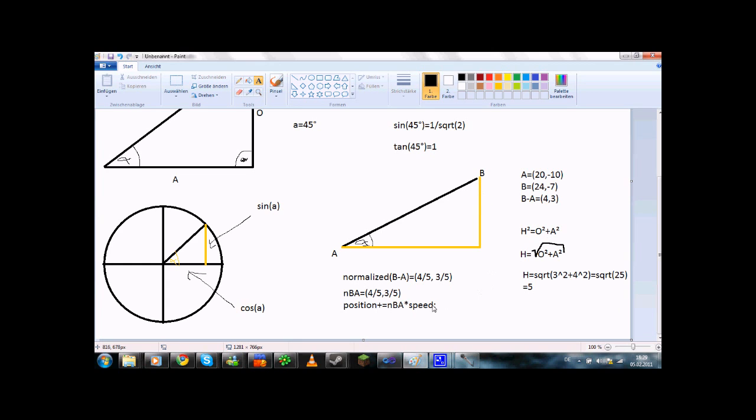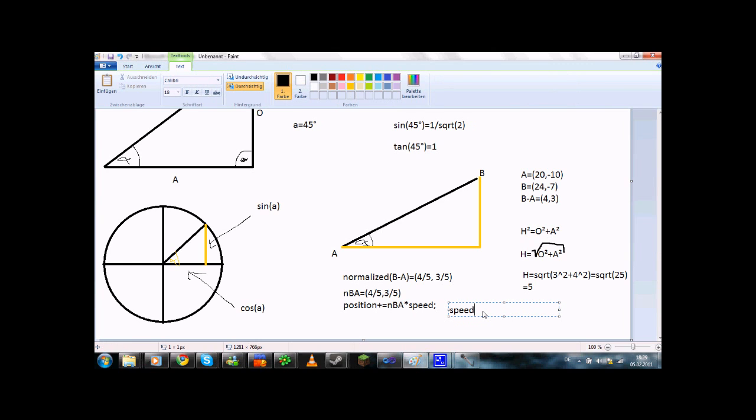So if I move at a speed of, say, 1/10 unit per frame, or unit per second, you can do all that, I know that the time it will take me is 50 frames, since I'm moving 1 unit in 10 frames and I need to move 5 units. If I doubled this, I'd end up needing 100 frames and so on, so I can move at a certain speed in a certain direction and end up where I'm meant to go.